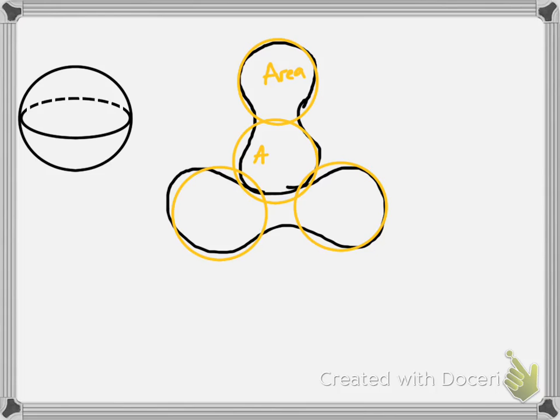So the formula for surface area of a sphere is very simple, because if we know the area of one circle, then all we have to do is know the area of 4 circles that same size. So the surface area of a sphere is just the area of a circle, which is pi r squared, except since there's 4 circles, it's 4 times pi r squared.